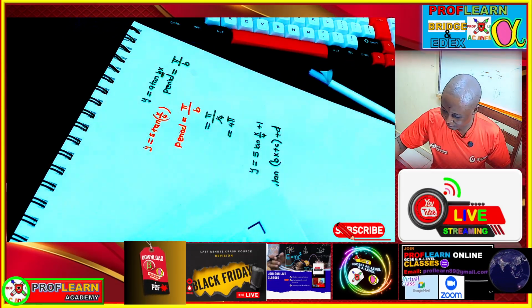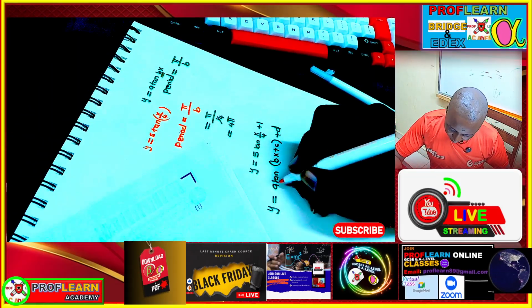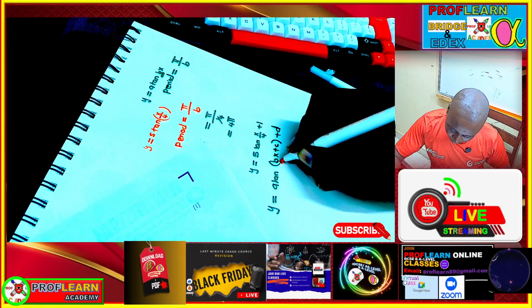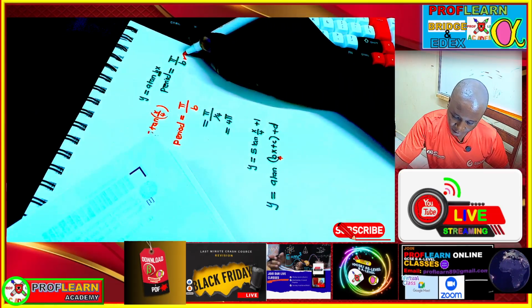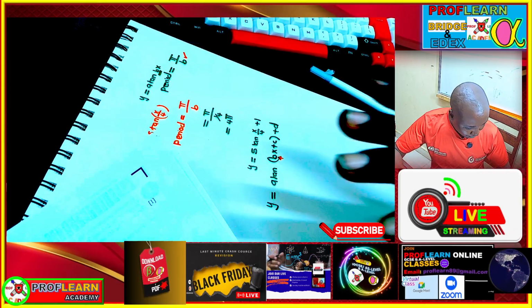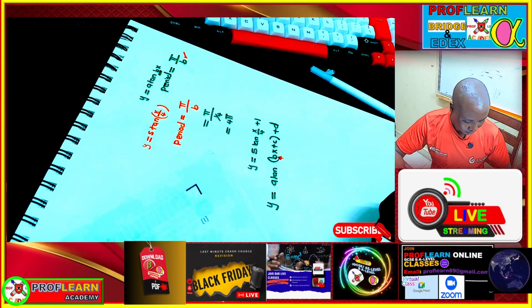If you are having such an equation, then you need to remember that this part here will give you the period. Then the asymptote is always areas where the function is undefined.